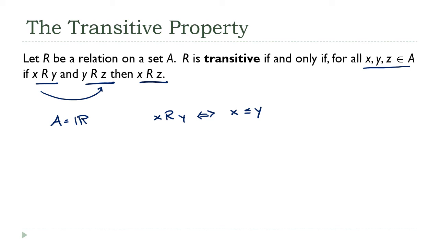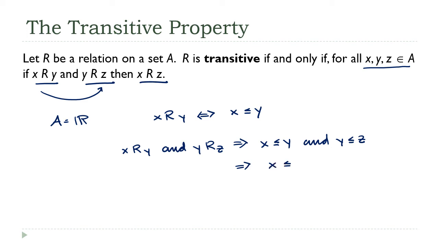So again, if you wanted to kind of write this out, we would start by saying assume X is related to Y and Y is related to Z. But by the definition of my relation, this means X is less than or equal to Y and Y is less than or equal to Z. By the transitive property of numbers, this means X is less than or equal to Z. And again, now we fall back on our definition. This tells us X is related to Z. Right, so there you go. The transitive property applies to this particular relation.